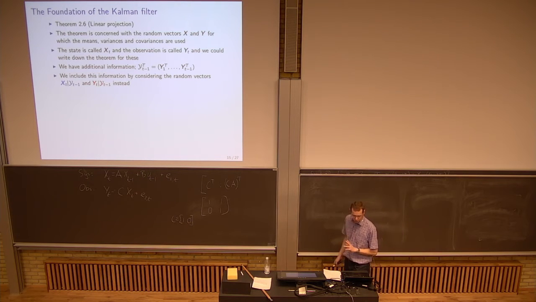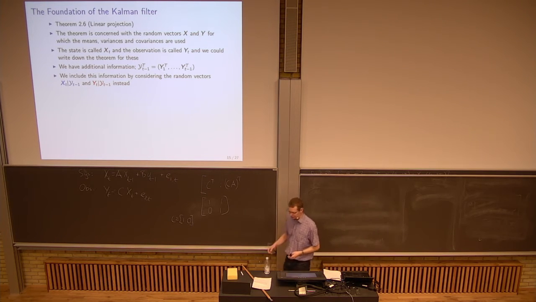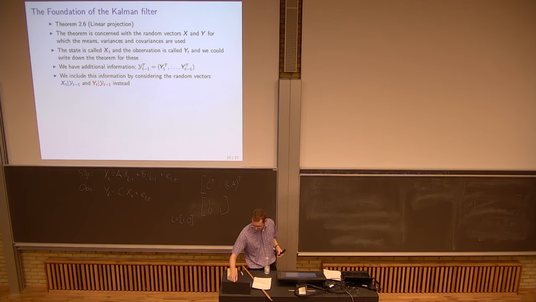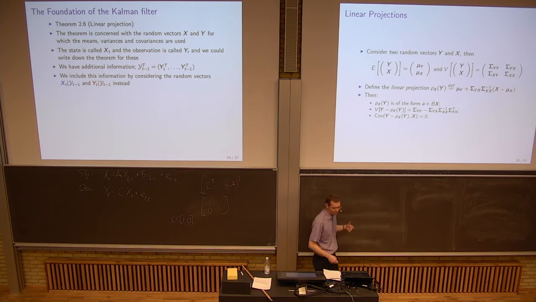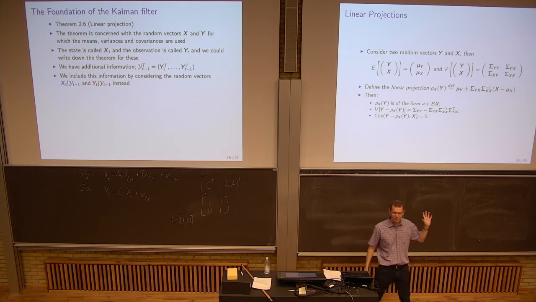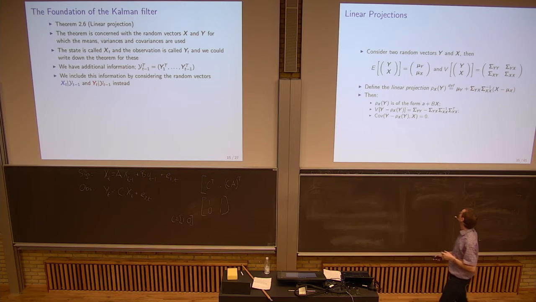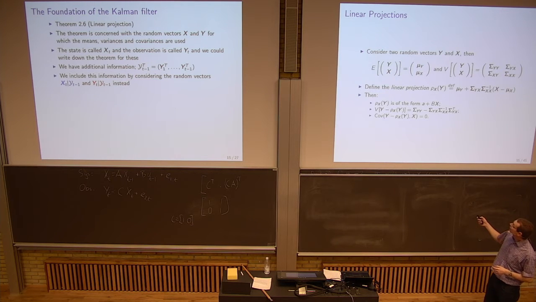So what is the foundation of this? Basically, and now I will go back to the first lecture again. If you take the linear projection theorem from slide 35 in the first lecture, defined here, the expectation of y given x is the expected value of y, and then this construction out here.